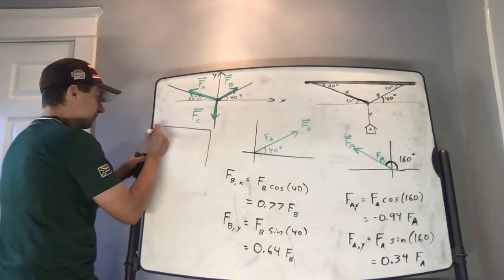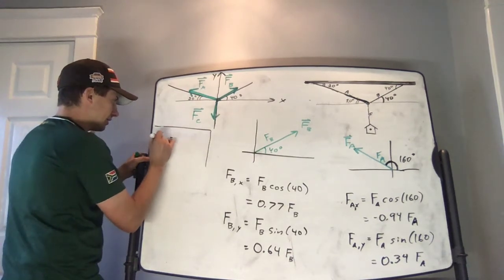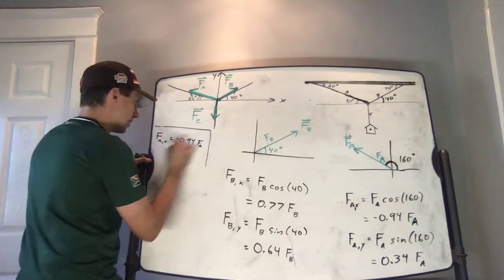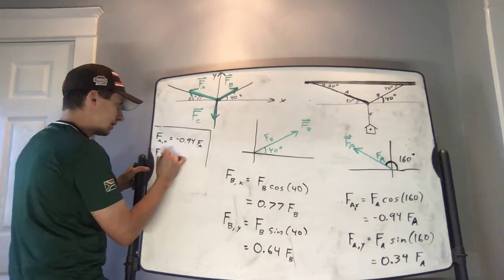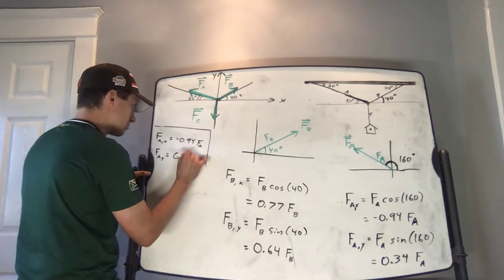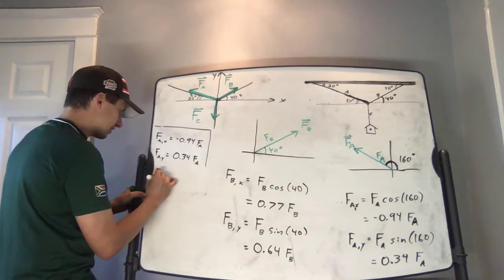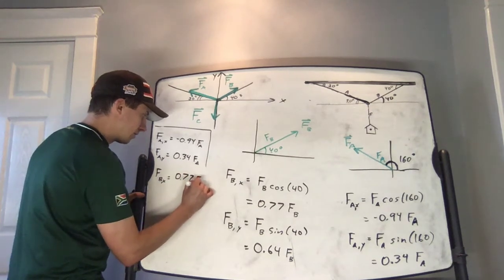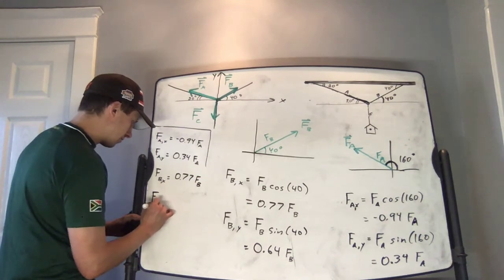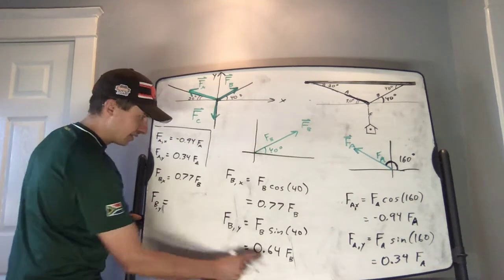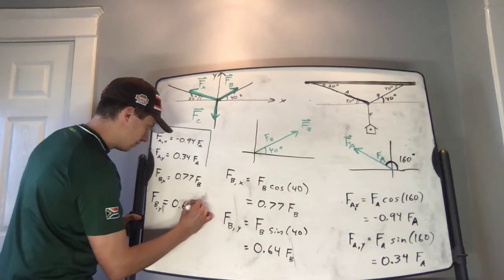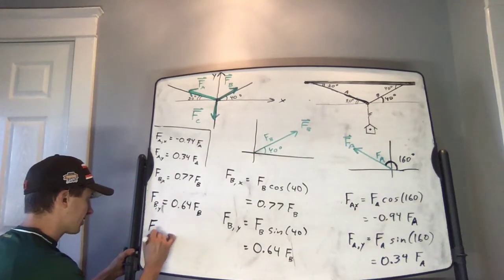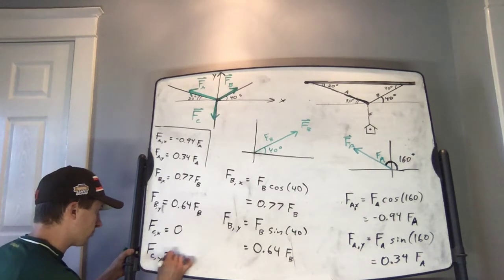So I have FAX equals negative 0.94 FA, FAY equals 0.34 FA, FBX equals 0.77 FB, FBY equals 0.64 FB, and then we have the force of tension in cable C, FCX equals 0, FCY equals negative 49.